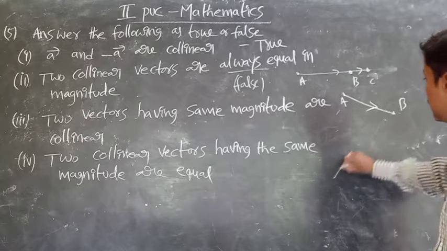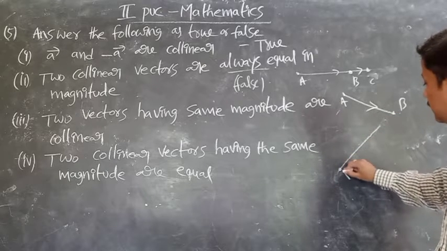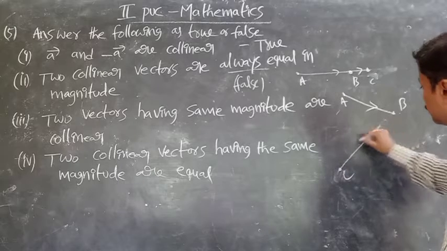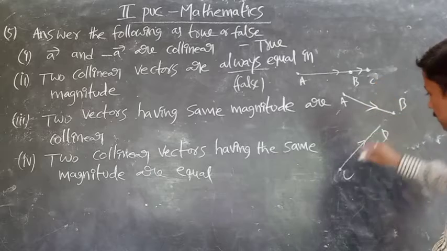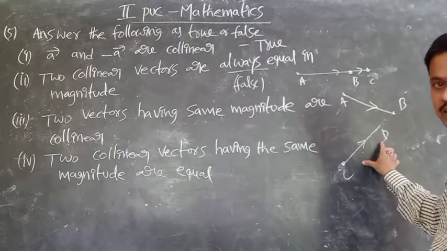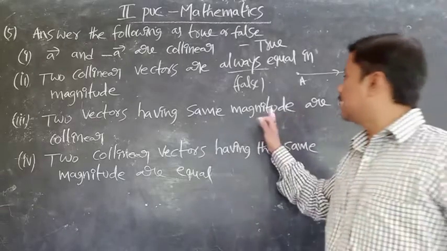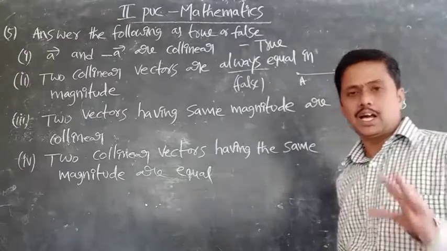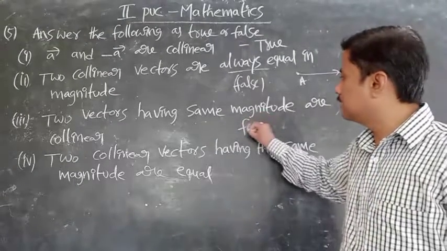Next I take another one with the same distance, this one is CD. You see, the magnitude is approximately the same, but these are not collinear vectors. So two vectors having the same magnitude being collinear does not hold. Collinear means parallel to the same line. So this is also false.